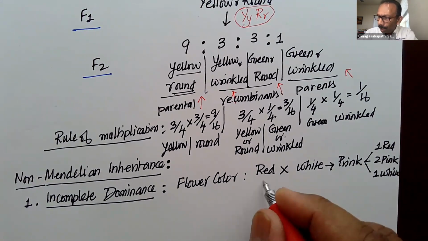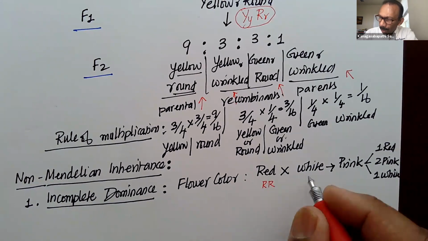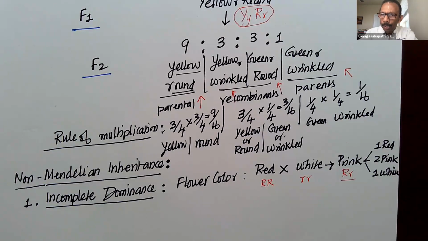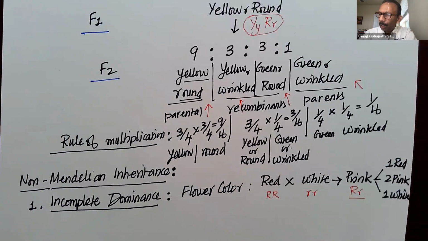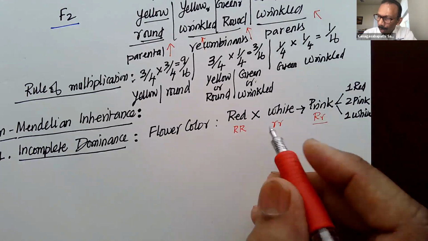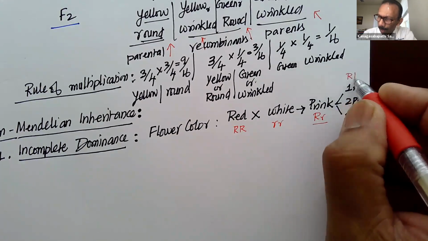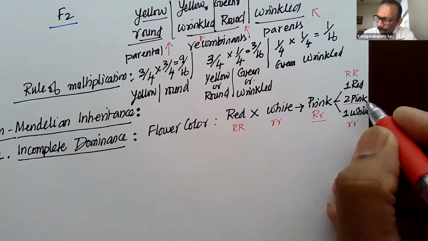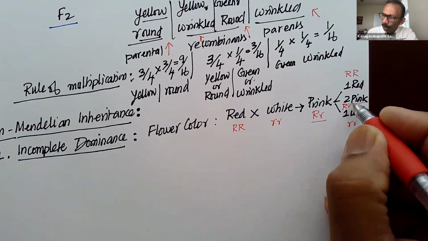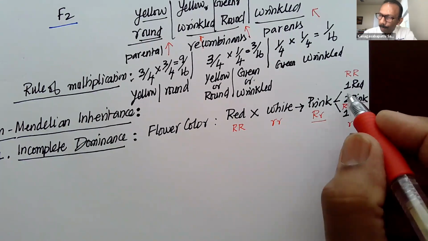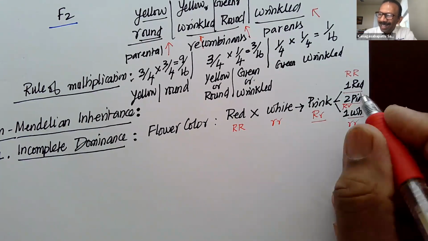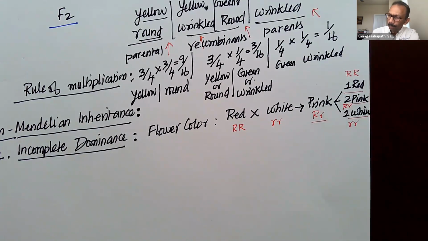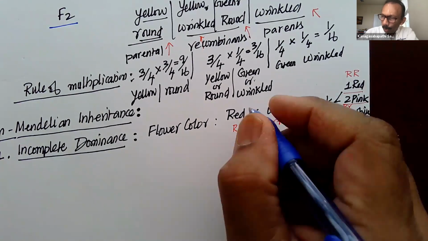If you assign the genotypes for the parental generation, the heterozygous condition provides the pink color, the homozygous dominant is the red color, and the homozygous recessive is the white color. The intermediate inheritance doesn't mean there is blending going on here.